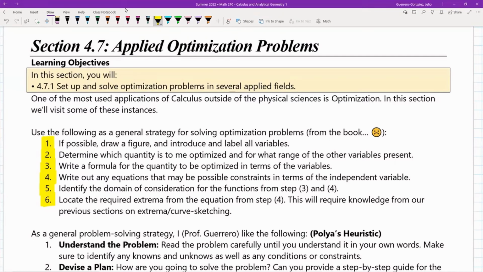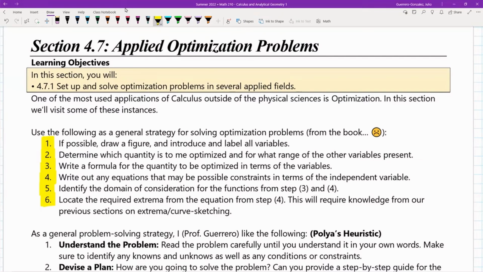Like I mentioned, this is the problem solving strategy from the textbook. It's cool and all, but I think the way that this is worded and presented, it's only really good for section 4.7.